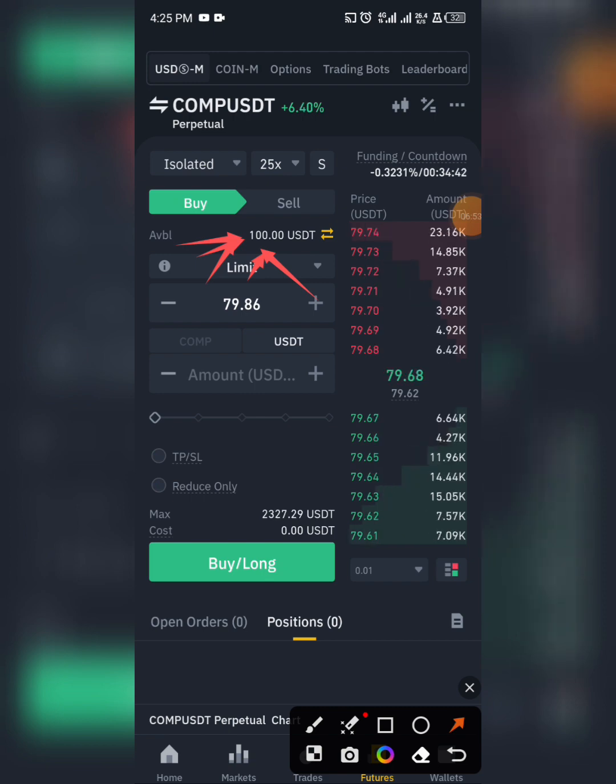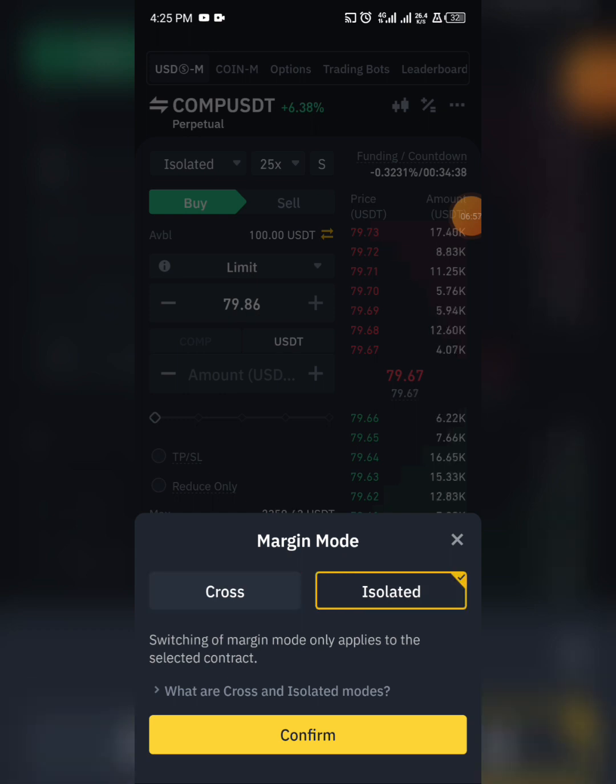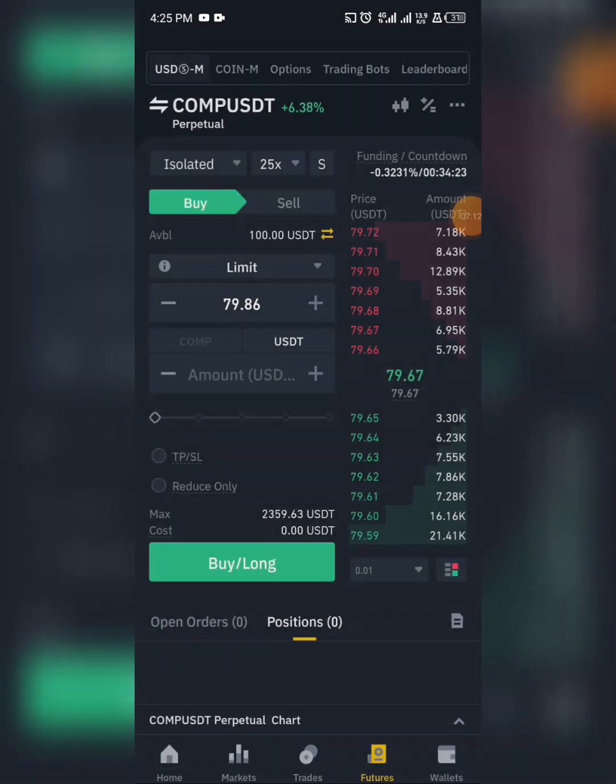Okay, now if you are dealing on the isolated margin, which is this, this is isolated. Isolated margin means, you all know what isolate means, a separate thing, one thing that is being kept in a particular place that is separated from every other thing. So if you are dealing with isolated trading, what you are eventually saying is that the trade should not use more than what you have given it to use.